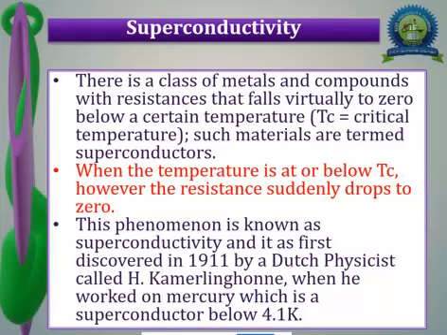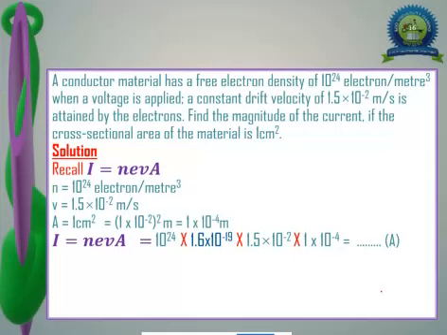Because there will not be opposition to the flow. We say the material has almost zero resistance. No resistance to the flow of current. But the only restriction to the superconductors we have at the moment is that this material only exhibits this at very low temperature. And the temperature here is 4.1 Kelvin. That's where it loses resistance to the flow of electricity. Okay? So, let's quickly take a look at a few examples. And then I will give you opportunity to ask questions.